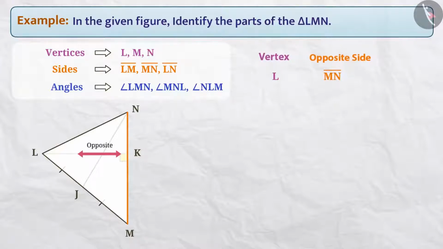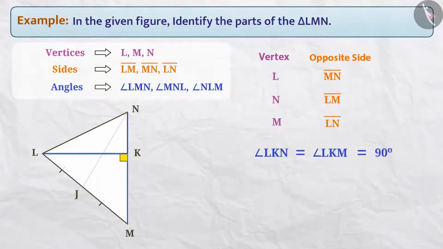Similarly, the vertex and opposite side pairs are the vertex N and the side LM, and the vertex M and the side LN. As you can see here, the line segment LK is made on the opposite side MN from the vertex L. Here, from this sign, we get to know that angle LKN is equal to angle LKM is equal to 90 degrees.